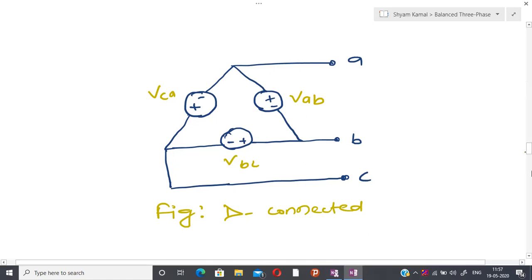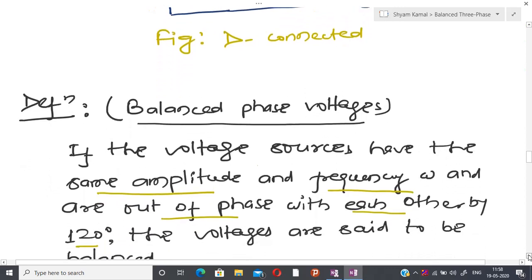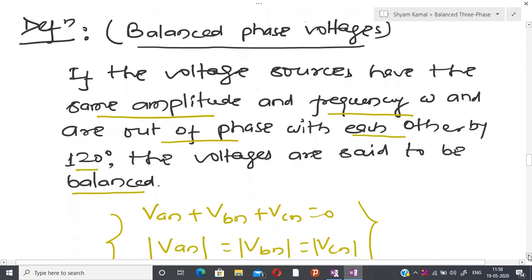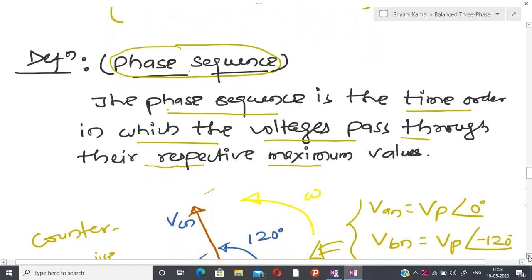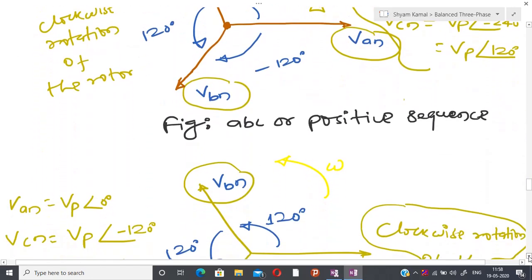So till now what we have seen is that in two possible ways I can connect the balanced load, either in Y connection or delta connection, and after that we have seen the phase sequence, meaning if the rotor rotates clockwise or anticlockwise, which maxima comes into picture.